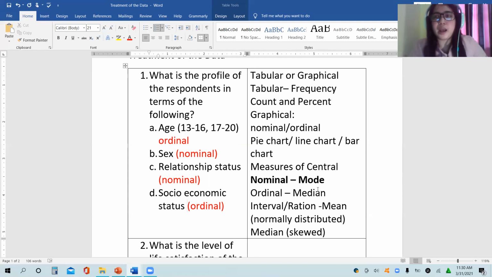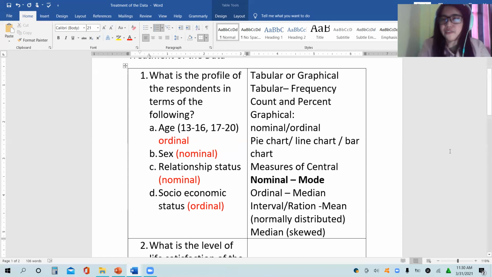But for socioeconomic status, if it's 1 to 5, it can be presented using the median, but we also need to assess how many of the data set fall within each of the given ordinal categories.